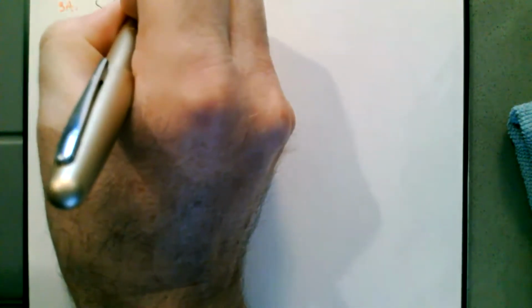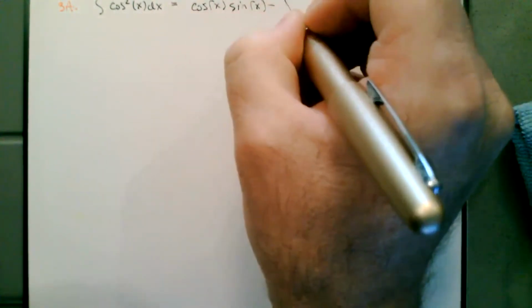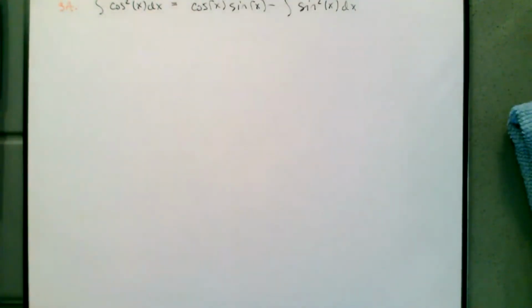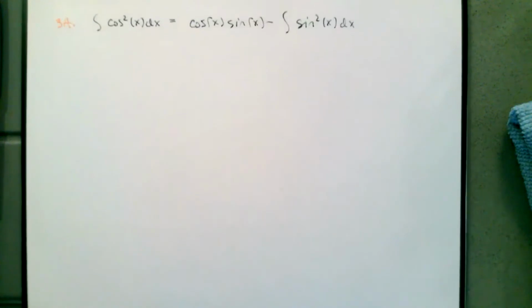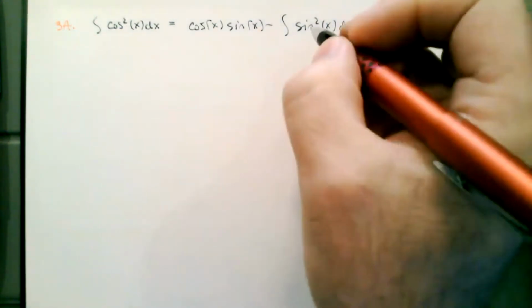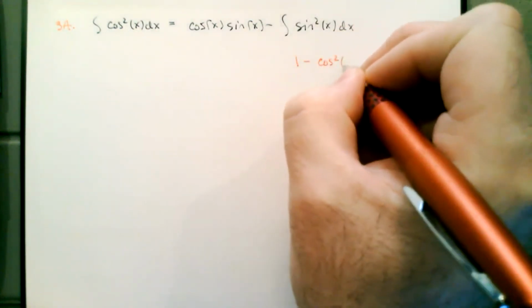Where the integral of cosine squared x dx, I'm picking it up from, we have cosine x times sine x minus the integral of sine squared x dx. So rather than splitting the sines, I'm going to replace sine squared with 1 minus cosine squared. So sine squared is 1 minus cosine squared x.